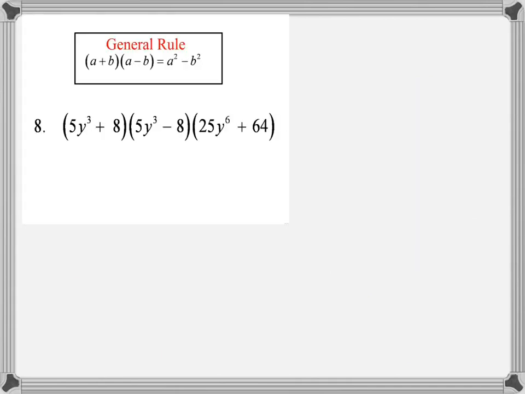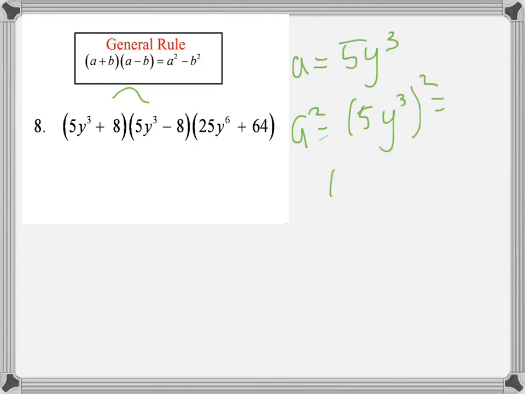Our final example here gets a little bit more complicated because we have y to the third. But again, we'll do them two at a time here. Our a term for the first two binomials is 5y to the third. So our a squared would be 5y to the third squared, which is 5 squared times y to the third squared, so it's 25y to the sixth power.